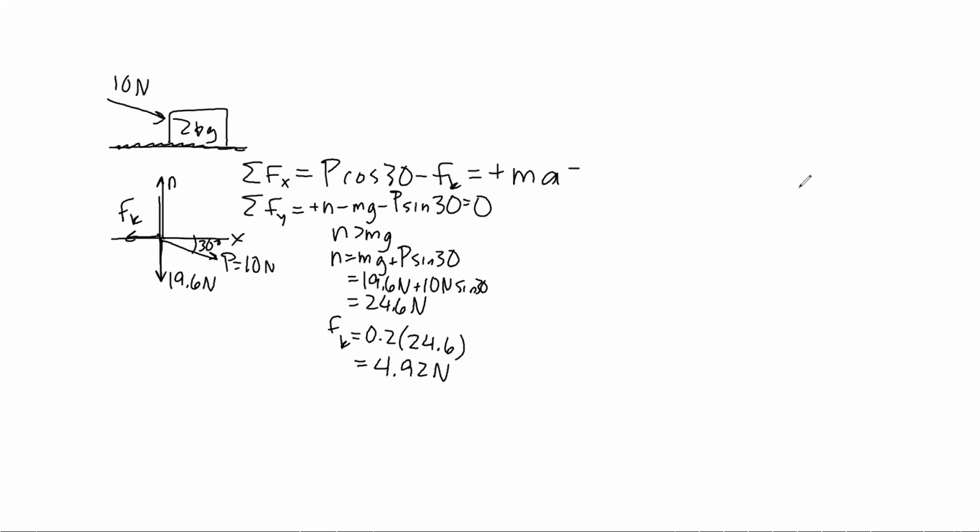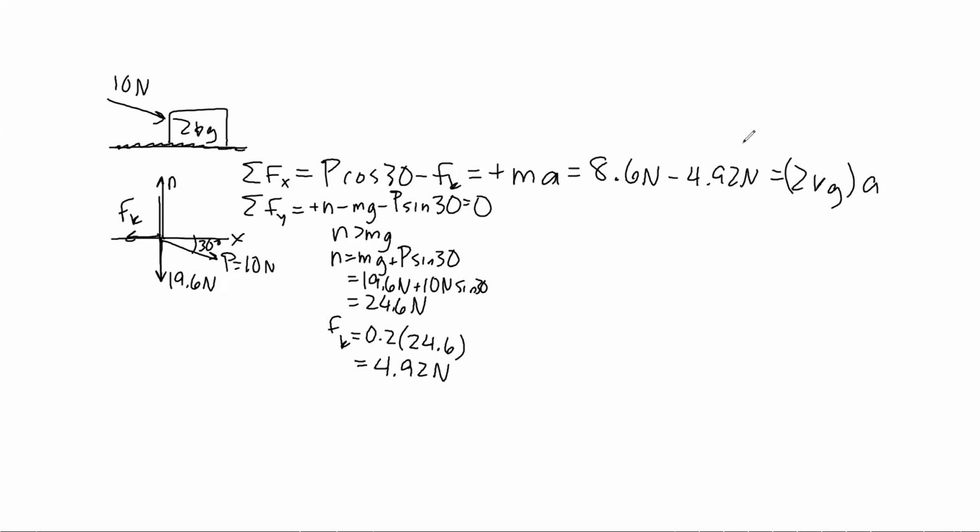And if you work out all these numbers, what do you get? 10 cosine 30 is about 0.86, so I'm just going to call this roughly 8.6 newtons minus 4.92 newtons equals 2 kilograms times a.